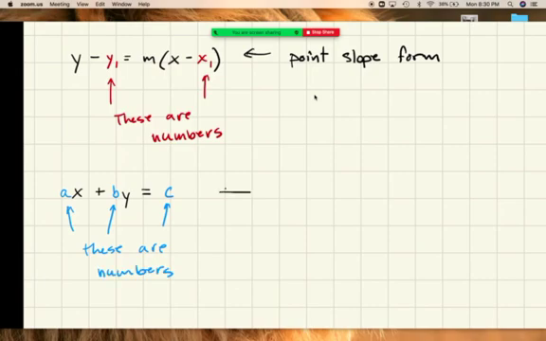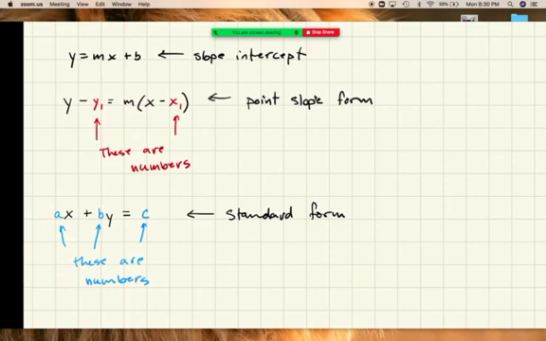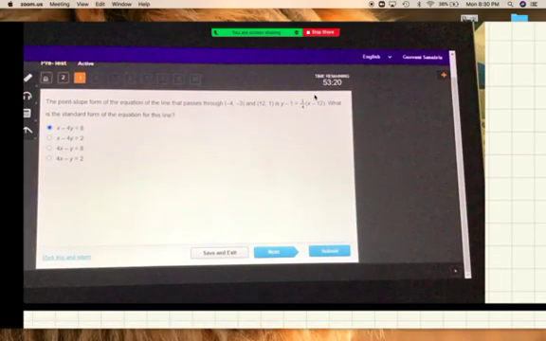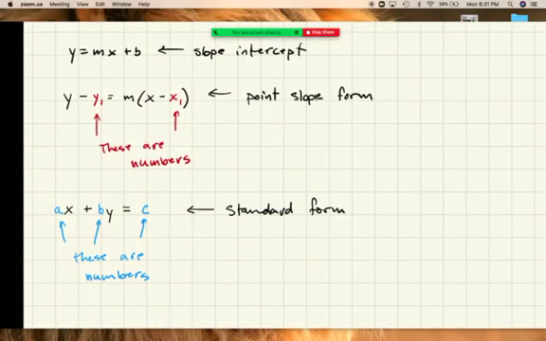And this is standard form. So those are the three forms. And you can always go back and forth to each form. I'm going to show you how to get from this one to this one, just because that's what this problem is. All right. But those are the three forms, and we'll see.